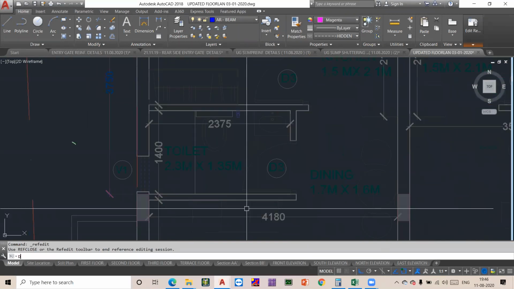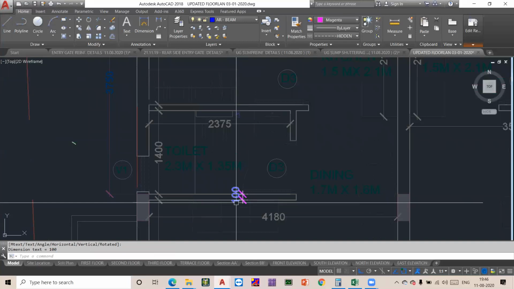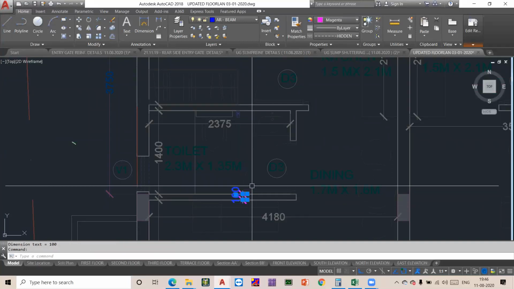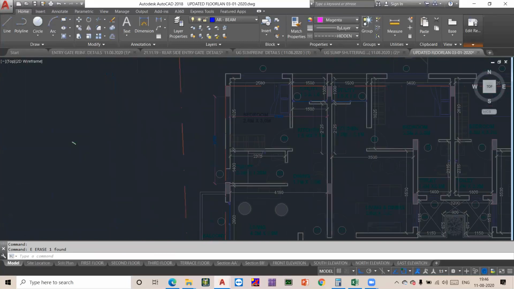Now here the wall thickness is just 100 mm. I cannot provide a beam of width 100 mm because we will be considering minimum beam width to be 200 mm. So at least my beam should be in line with this wall.